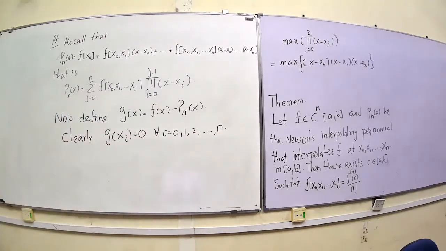And because Pn is the interpolating polynomial of f, clearly f of xi is equal to Pn of xi for all i equal to 0, 1, up to n. So g has zeros x0, x1, up to xn, right?